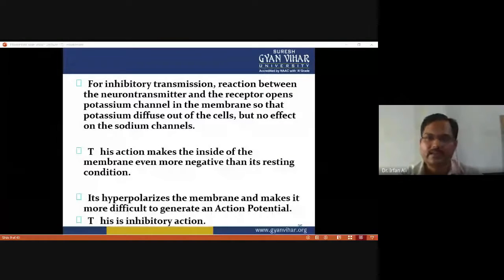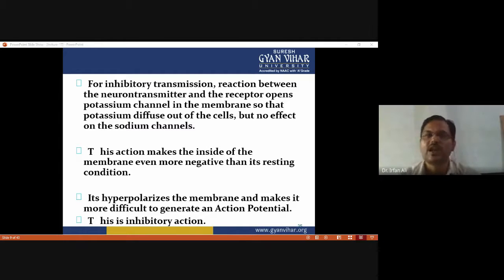For inhibitory transmission, the reaction between the neurotransmitter and the receptor opens a potassium channel in the membrane, so that potassium diffuses out of the cell, but there is no effect on the sodium channel. This action makes the inside of the membrane even more negative than its resting condition.